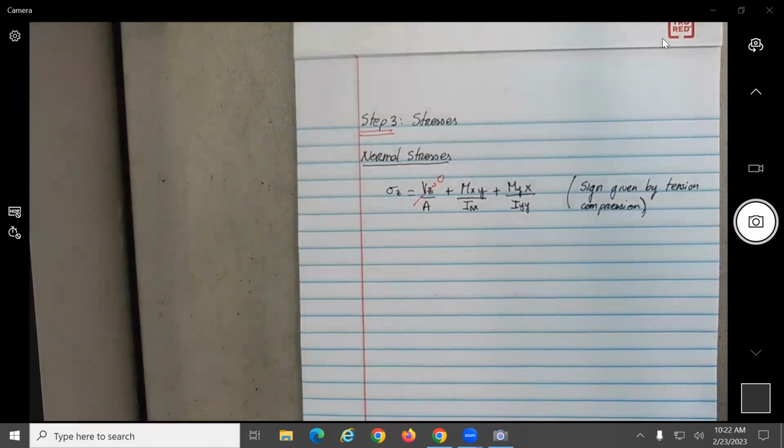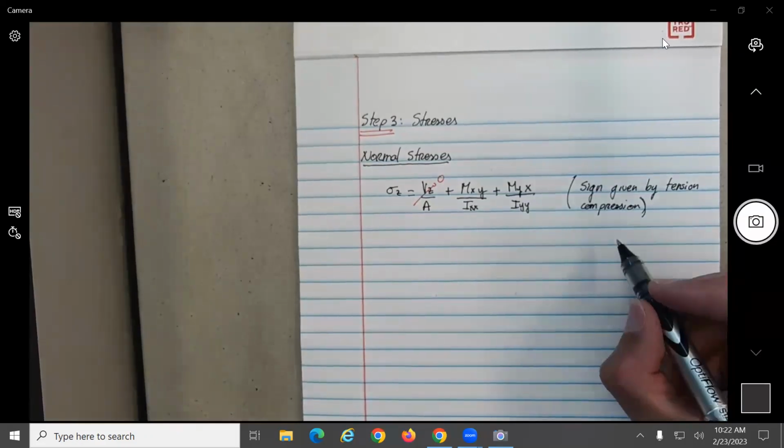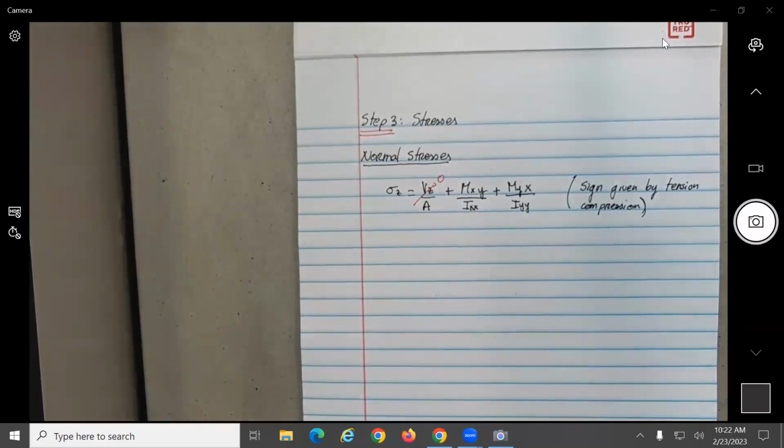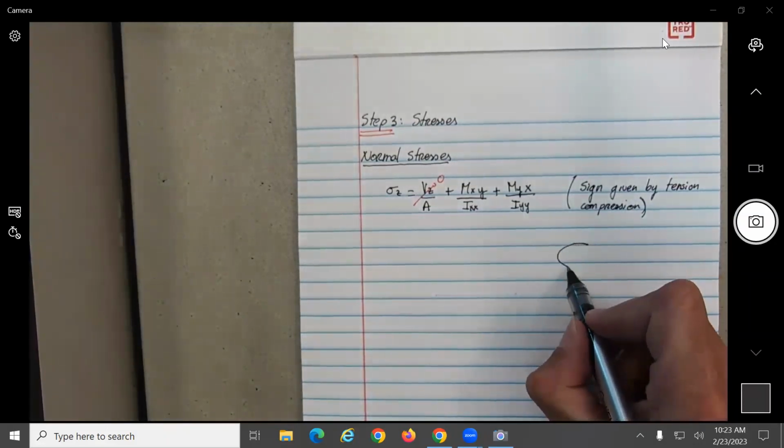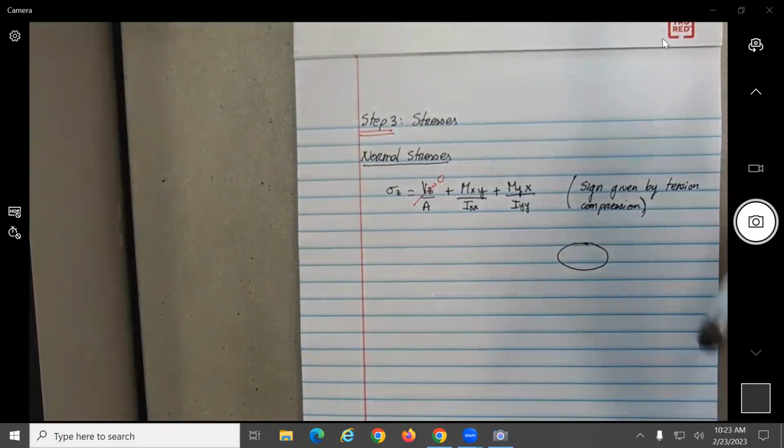Okay, so let's maybe do one cross section here. Let's do a little sketch, the figure from before. I'm kind of copying this one here, the one for the moments.